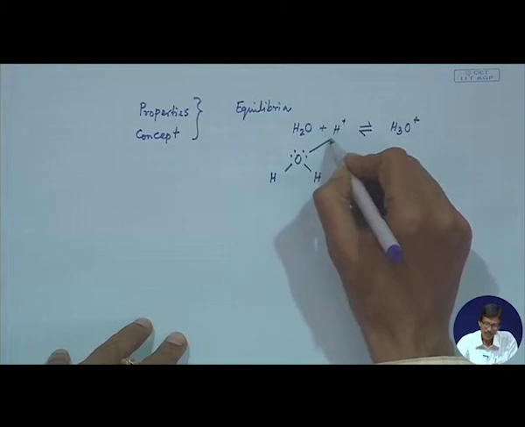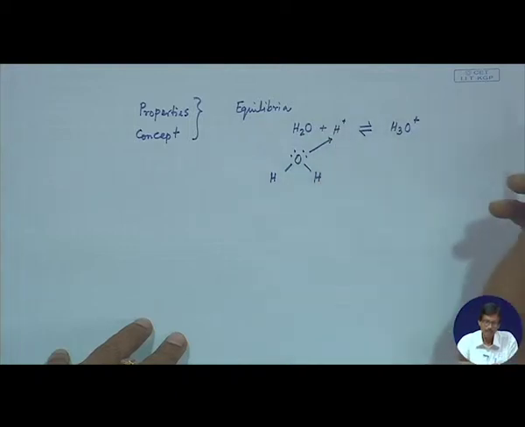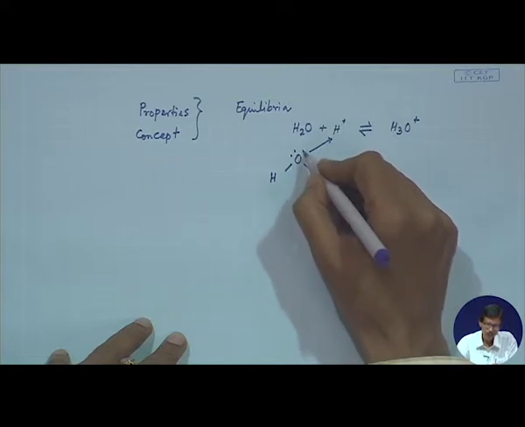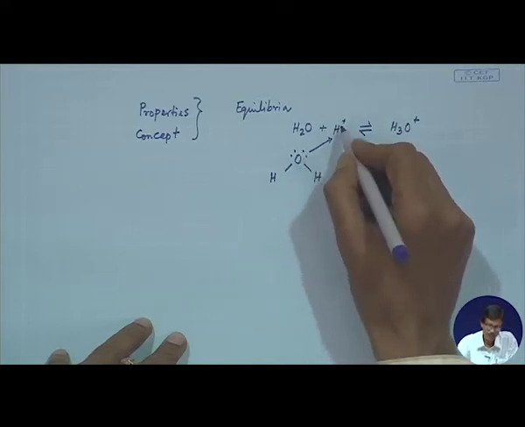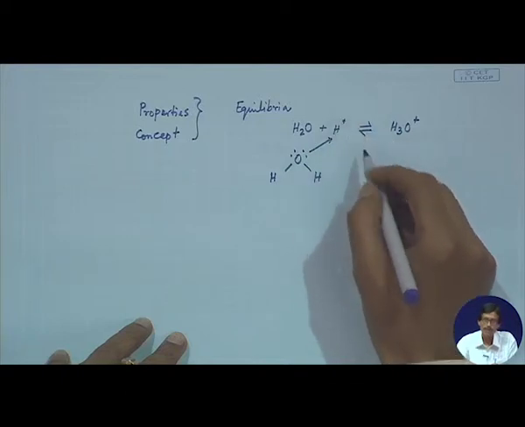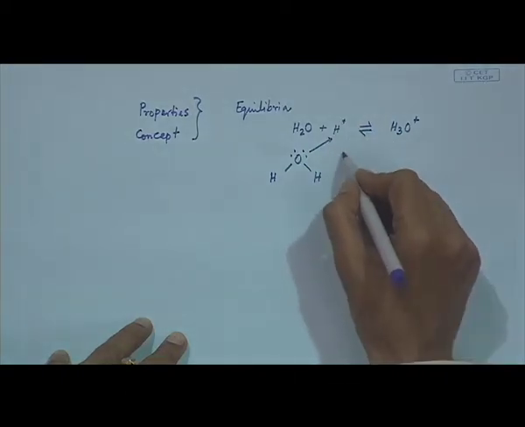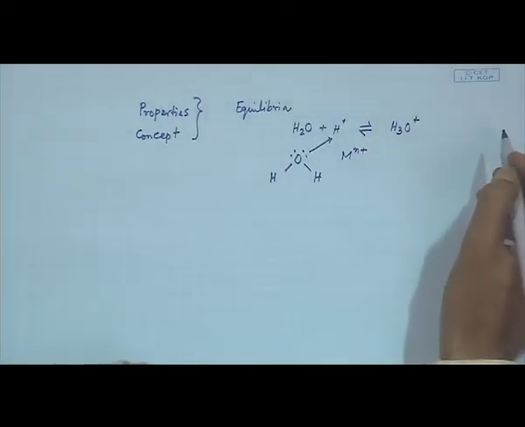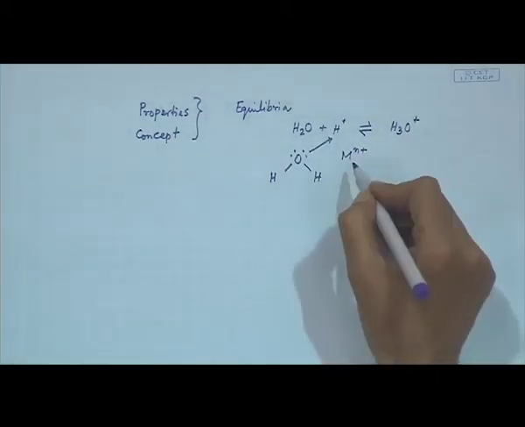So, if it can form some interaction, that means the coordinate bond, that we all know, a lone pair of electrons can be donated to some other species which is positively charged, which is devoid of electrons, such that we call the corresponding coordination compounds when the water is bound to Mn plus.